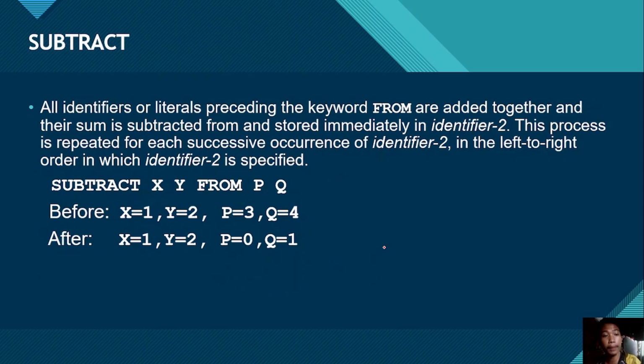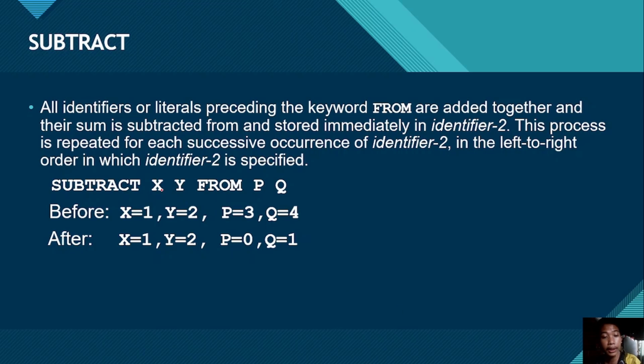So SUBTRACT: all identifiers or literals preceding the keyword FROM are added together. Their sum is subtracted from and stored immediately in identifier 2. This process is repeated for each successive occurrence of identifier 2 in the left to right order in which identifier 2 is specified.